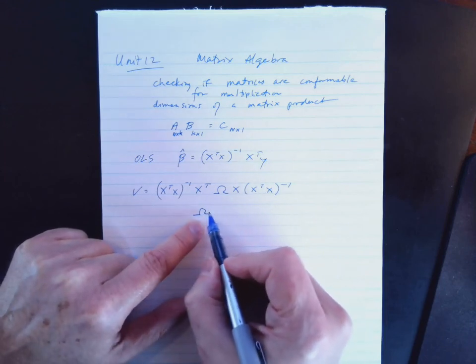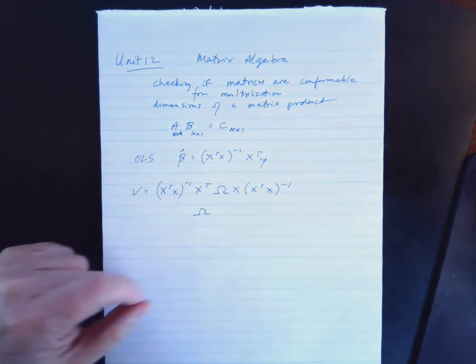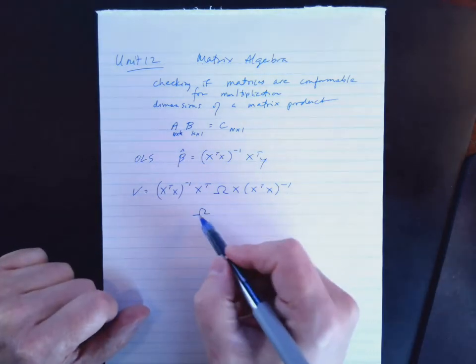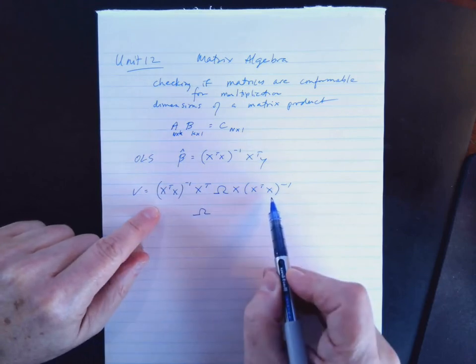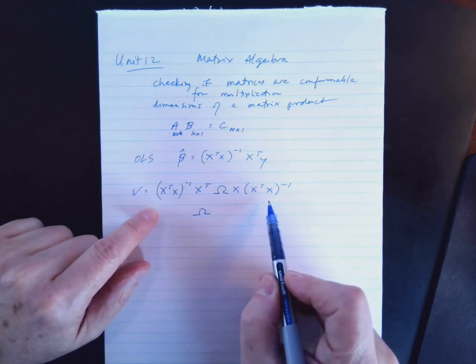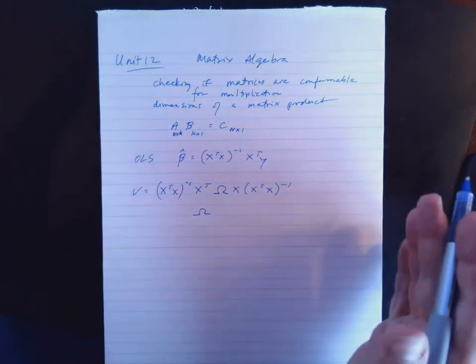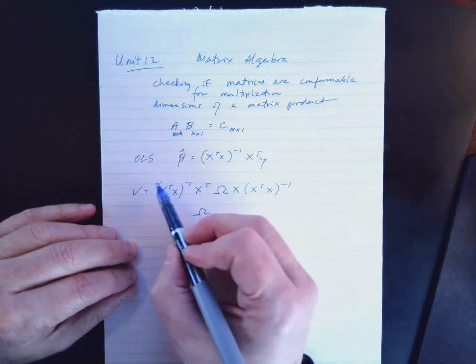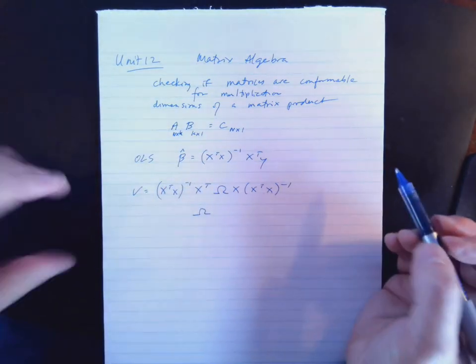So in particular, it's got the squares of the residuals down the diagonal. And so this kind of expression shows up in a bunch of places in econometrics when we're constructing variance estimators. And so it came to be called a sandwich matrix.